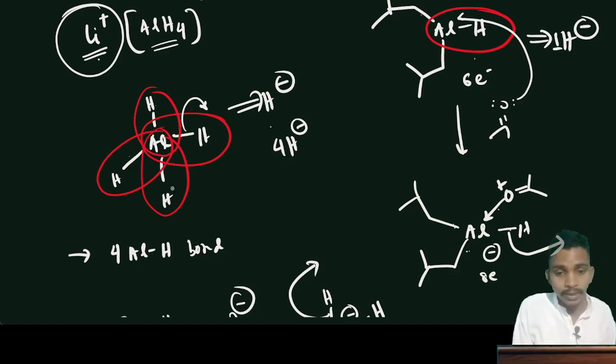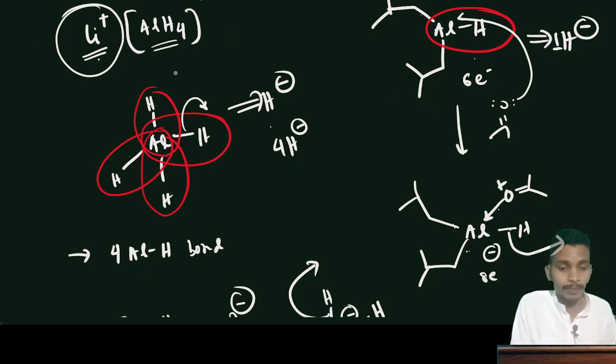Another thing is that here we have 4 hydrogen atoms, and here we have only 1 hydrogen atom. With only 1 hydrogen atom and bulky groups, it becomes selective to the reactants.